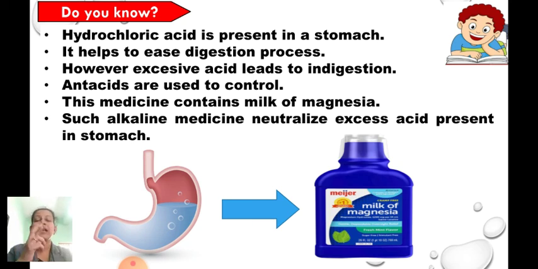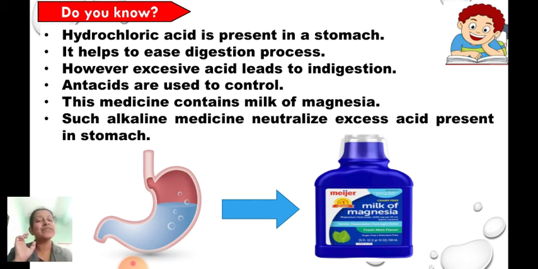Once you have taken milk of magnesia during an acidity problem, it will have a neutralization effect, and once neutralization is over, you will have a cool sensation, because water is formed and the respective salt will be formed. For example, here it is HCl and Mg(OH)2.